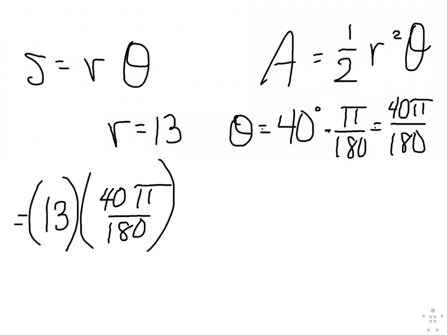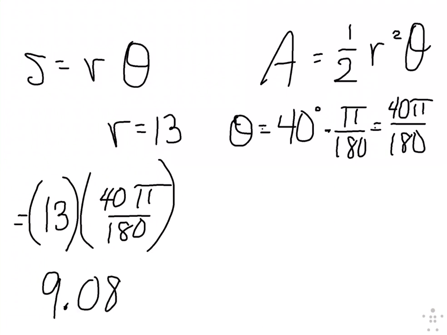Now, the reason why this is okay here is because in this context, we're saying the length is going to be so long. You're not going to walk around and go, I really need 26/9 pi feet of fencing. That doesn't happen. So we just type that all in and see what comes out. I type 13 times 40 pi divided by 180, and I got 9.08.